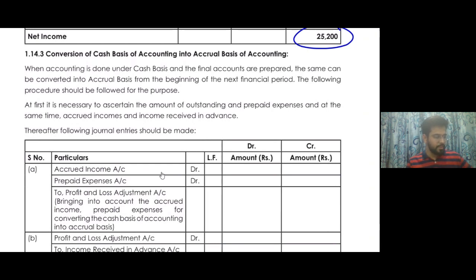But before jumping to that question, I would like you to explain the concept behind the accrual, why we do the accruals, and why accruals are helpful in the fair presentation of your accounts.